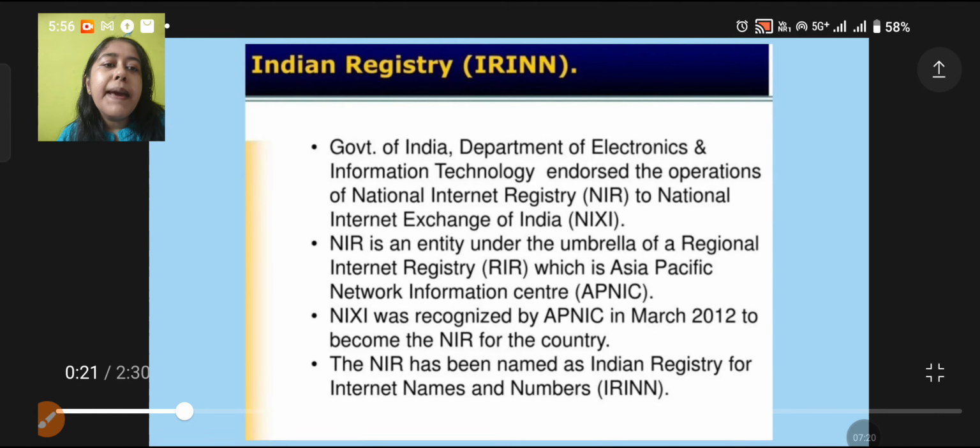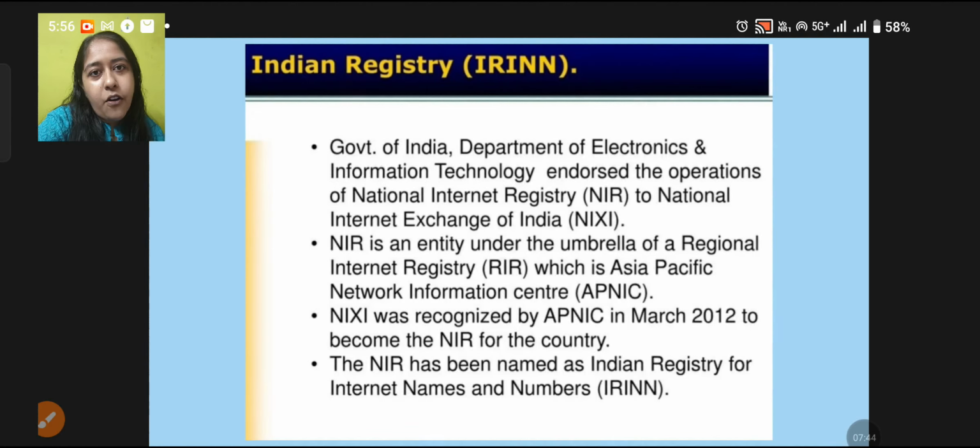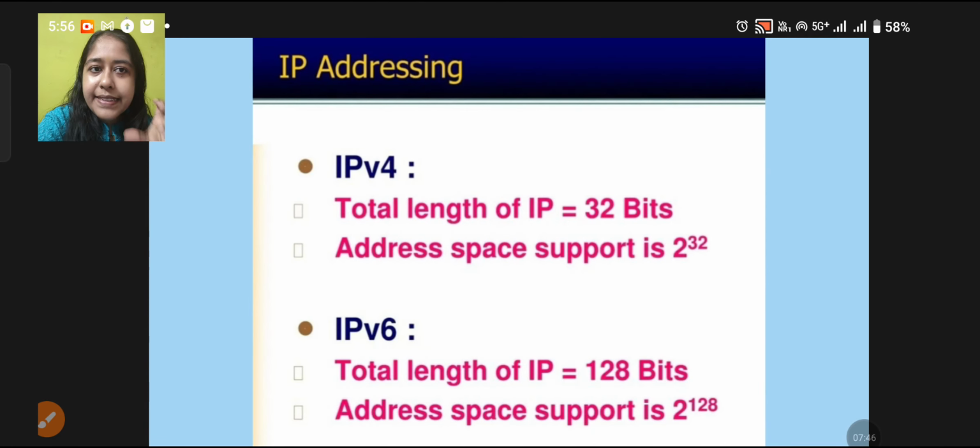NIXI was recognized by APNIC in March 2012 to become the NIR for the country. The NIR has been named the Indian Registry for Internet Names and Numbers, that is IRINN. So whatever names and numbers we get on the internet are registered by this body.